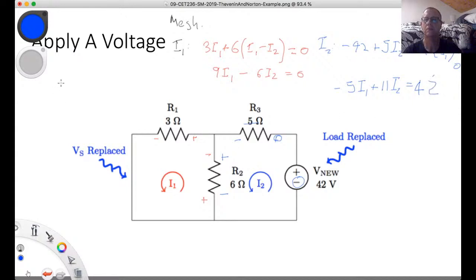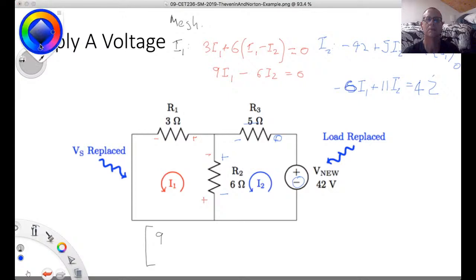Okay, so then we can write that out as 9... Now I think I got that wrong. Let me just have a look at that. What did I get wrong? Right, this should be minus 6I1. Okay, I still get 5 plus 6 is 11I2.